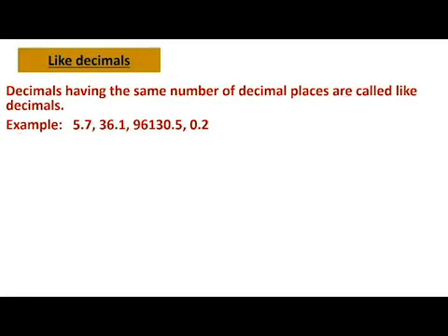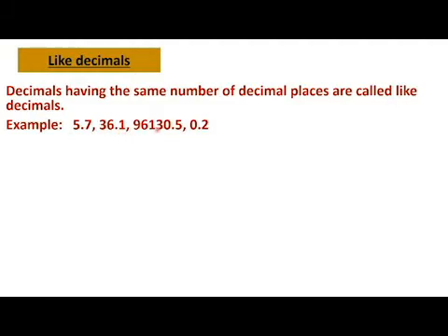That means you can see here in all these numbers, after the decimal point, we will be having the same number of decimal places. Suppose in the first number, you can see 5.7. After the decimal, we have only one decimal place, that is the 10th place, and the number is 7. In the second number, 36.1, after the decimal, only one decimal place we have.